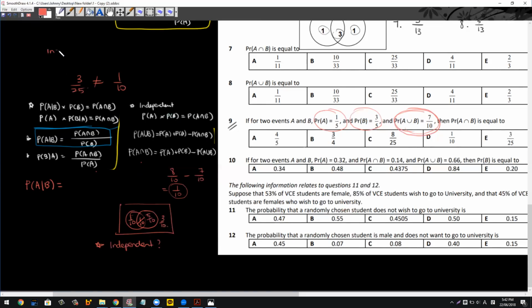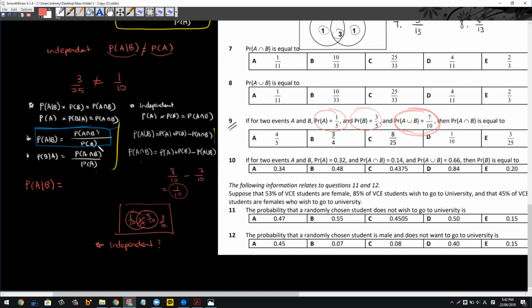If it's independent, there is no such thing as probability of A given B, because they're independent. So whether you have given B, it wouldn't matter. This would be just probability of A, okay? So there's absolutely no difference between this and this. But if it's a dependent probability, of course, this will be different from this one here.